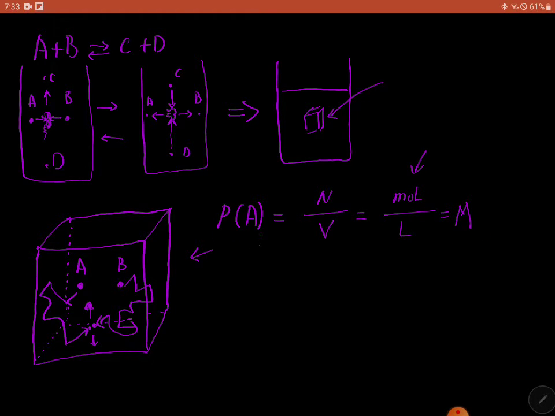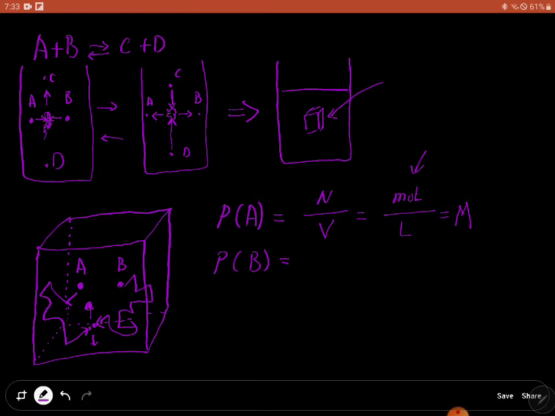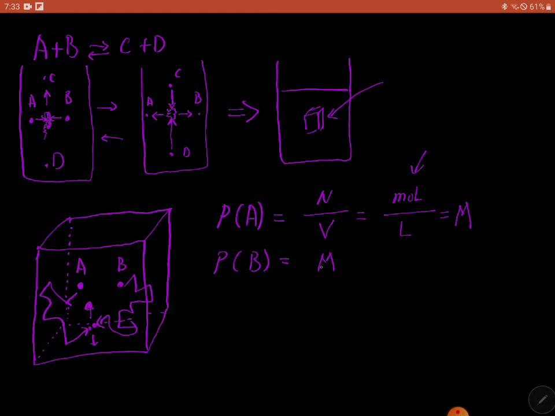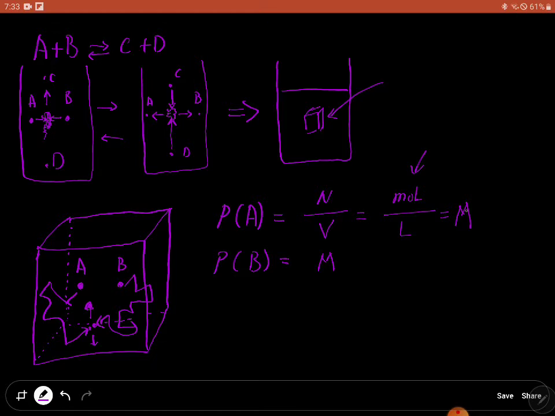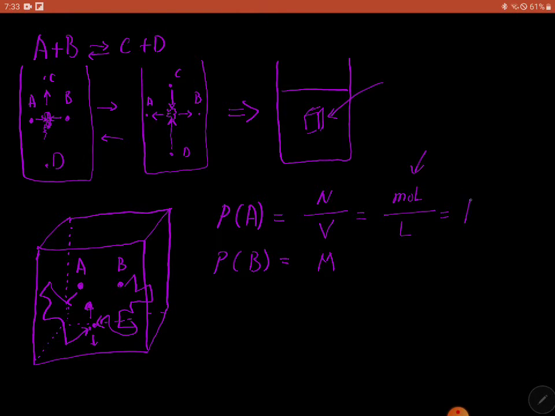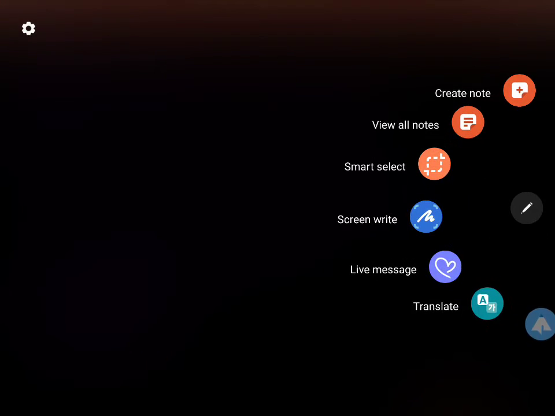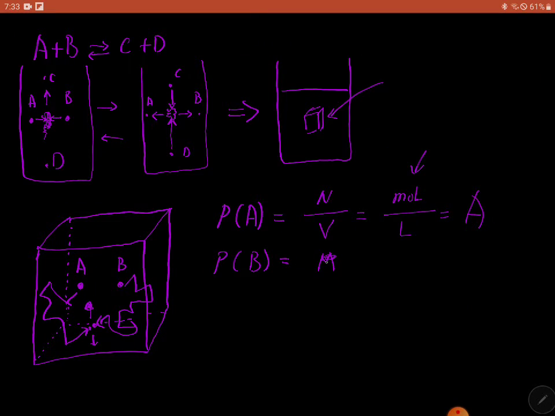In the same way, the presence of B in mathematical terms, we can write P_B, and of course their unit is M. And this M is the molarity of A, so let me write just A, and this is the molarity of B. Yes.